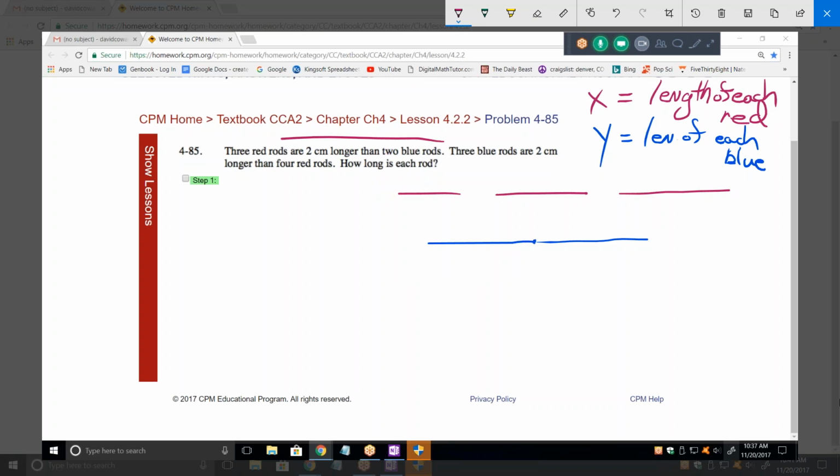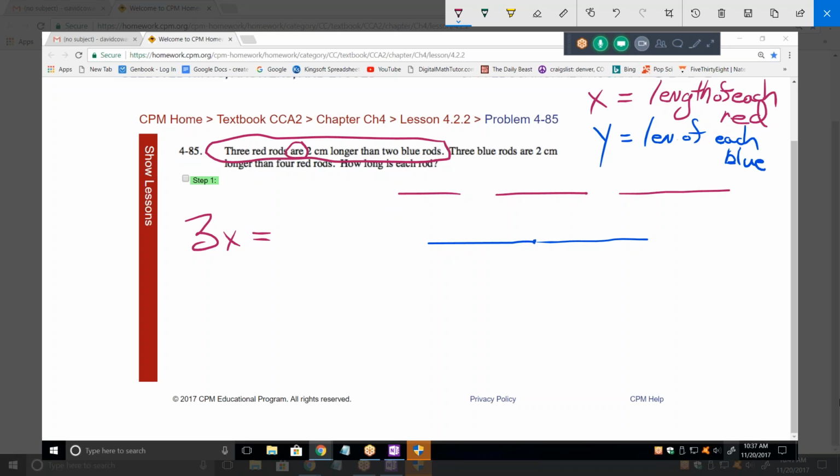So tell me how to put that, using our variables, into an equation. So 3x. What can I use for the word "is"? Equals?